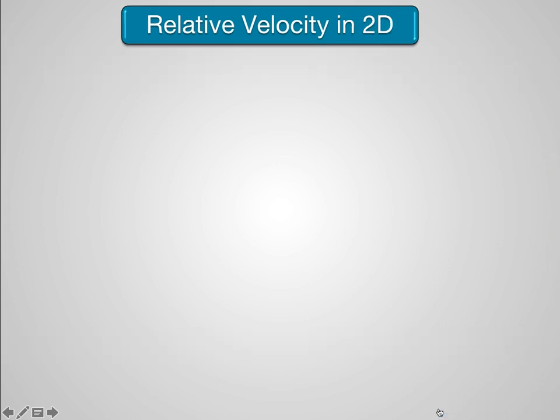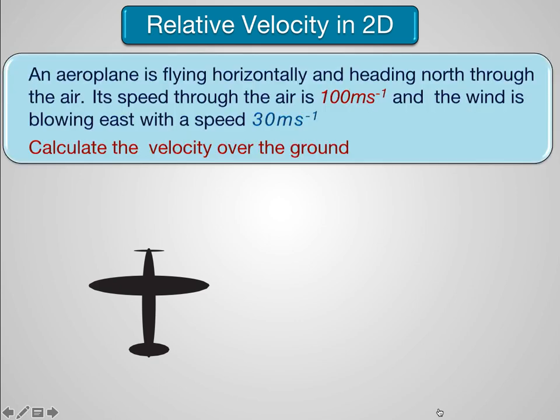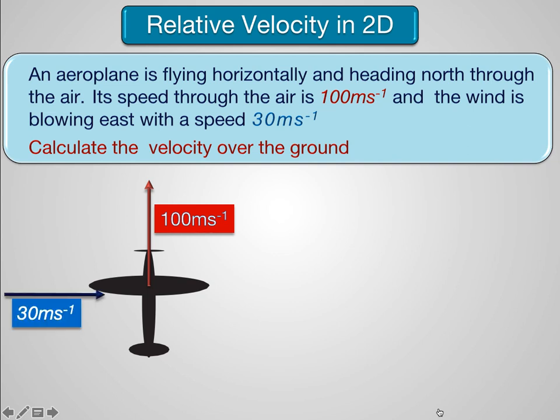Now what if the objects are moving in 2 dimensions? All the previous examples we have taken in 1 dimension. Let's see this example. An aeroplane is heading towards the north side with 100 meter per second speed, but there is a wind blowing towards the east with 30 meter per second. Calculate the velocity over the ground. Means if you are looking from the ground, what velocity will you see the aeroplane going. Exactly the same rule for vectors.